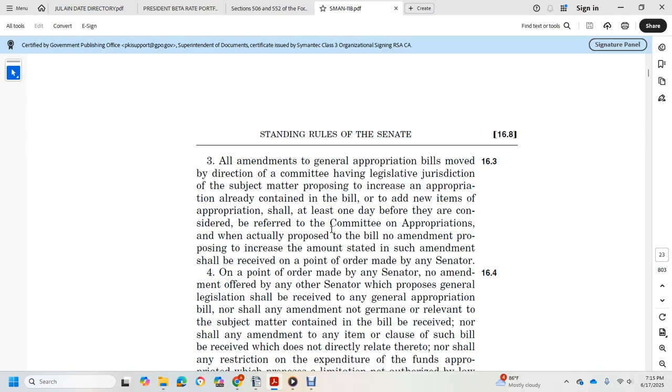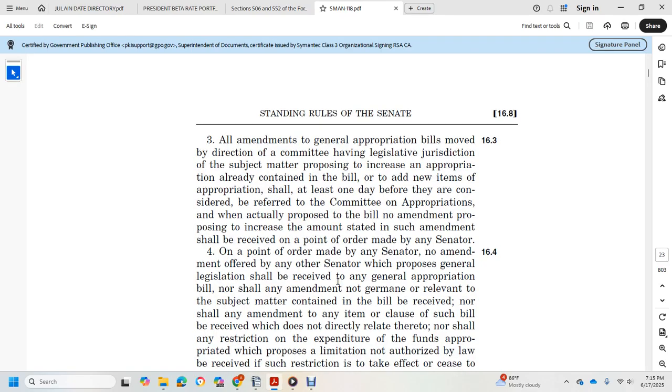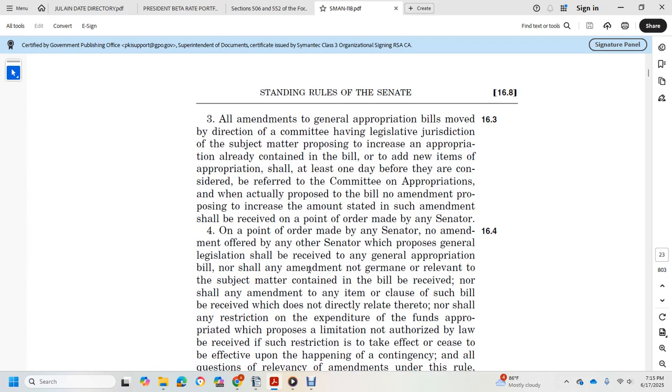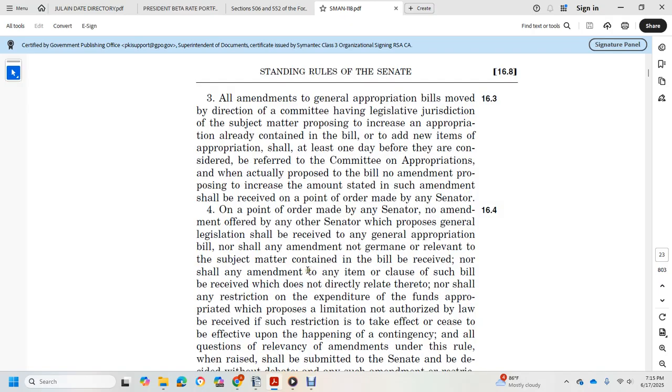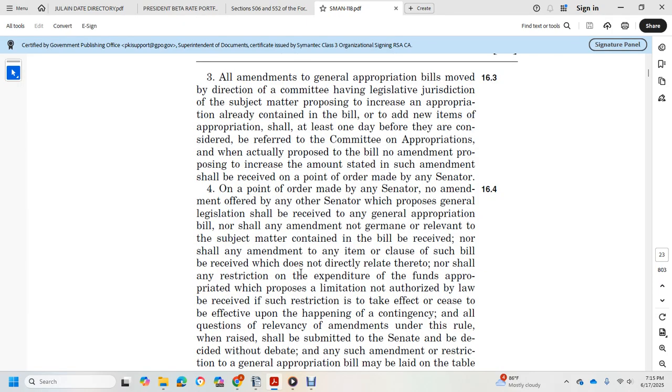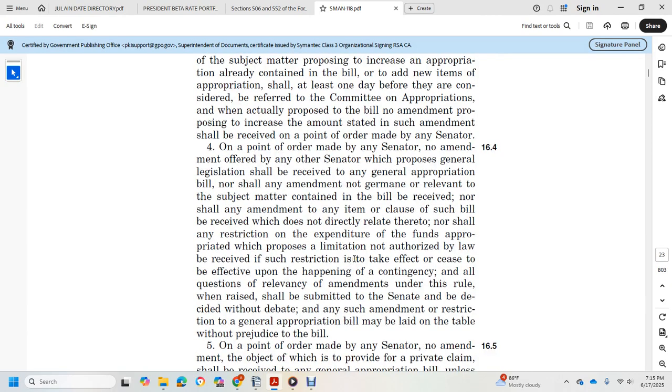Nor shall any amendment to any item or clause of such bill be received which does not directly relate thereto, nor shall any restriction on expenditure of funds appropriated with a proposed limitation not authorized by law be received, and such restriction to take effect or cease to be effective upon the happening of a contingency. All questions of relevancy of amendments under the rule, when raised, shall be submitted to the Senate and be decided without debate. Any such amendment and restriction to a general appropriation bill may be laid on the table without prejudice to the bill.